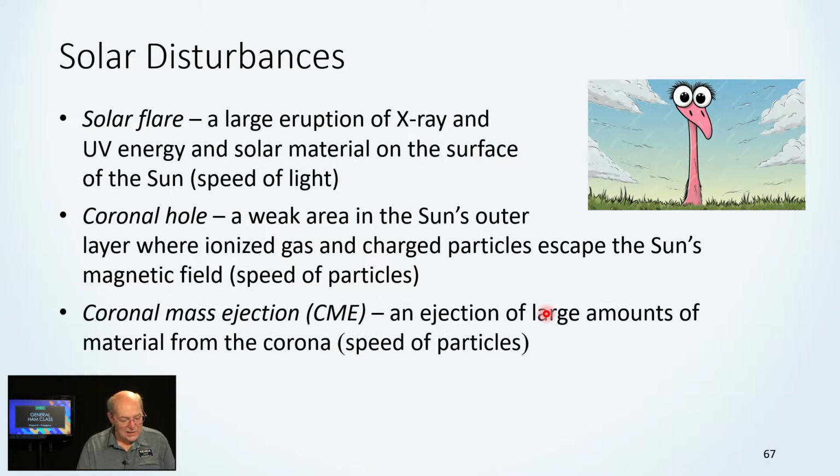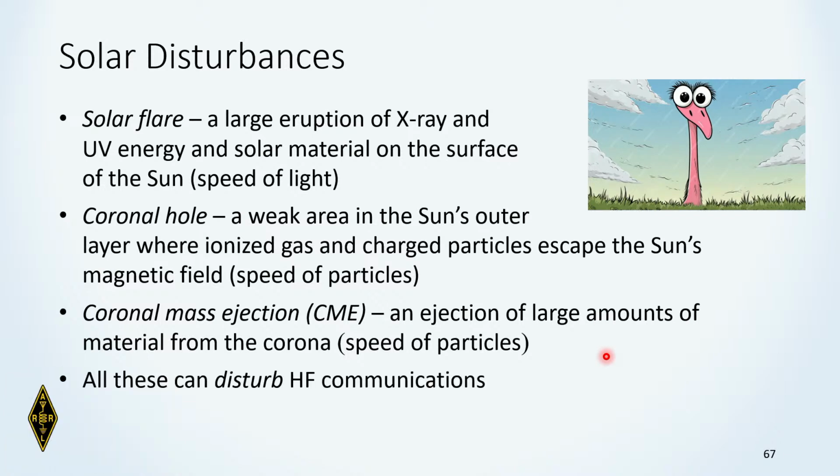A CME, coronal mass ejection, is an ejection of large amounts of material, I think Hassler called it junk, from the corona, and that's coming at us at the speed of particles. All of these disturb HF communication. So if we see these in a question, we'll know that they're bad, with one exception coming up.